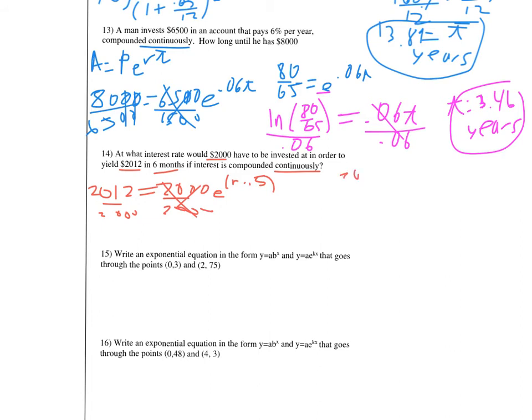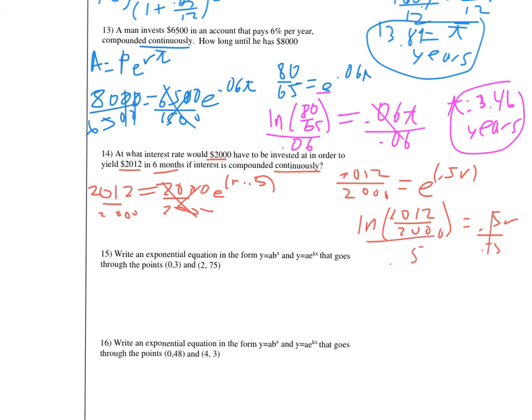So I say 2012 divided by 2,000 equals e to the 0.5r. And now I'm going to do my natural log of 2012 divided by 2,000, since this is a base e, equals 0.5r, so divide by 0.5. And we're going to type all that in the calculator.